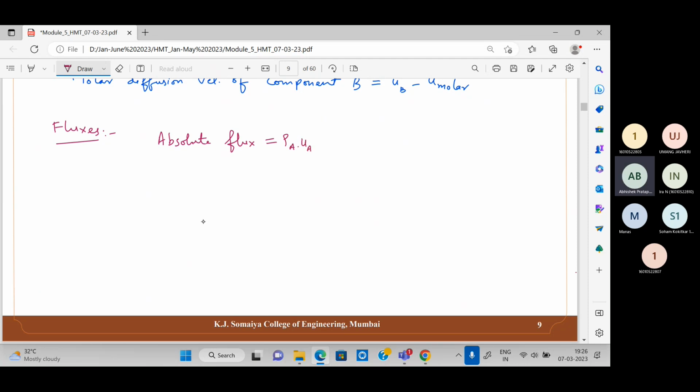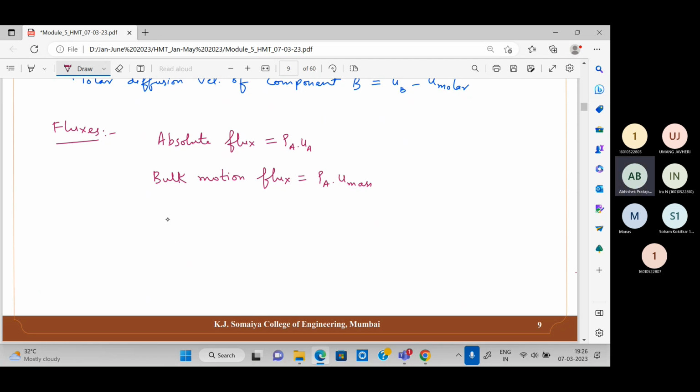This is the absolute flux. Now the bulk motion flux. What is this? This is rho A into U mass.